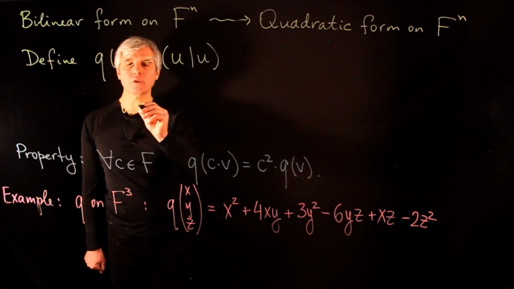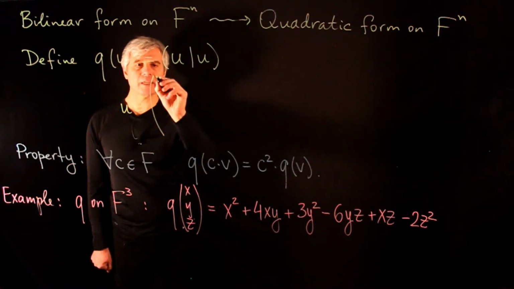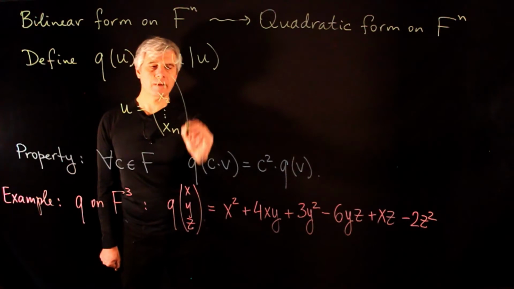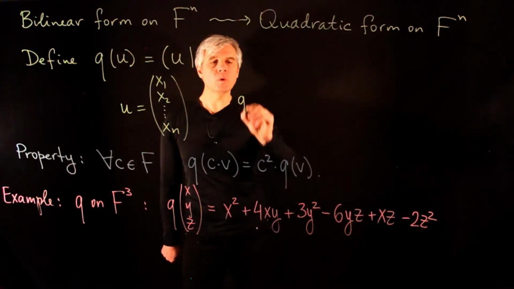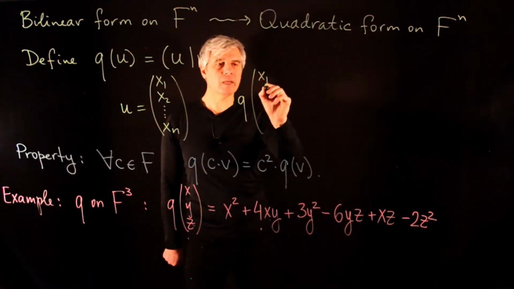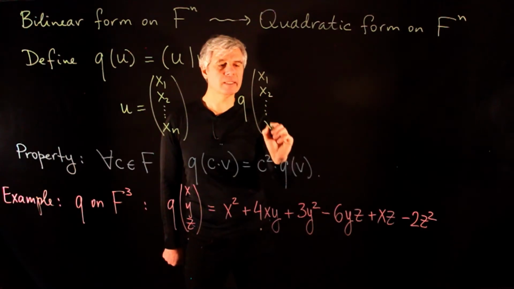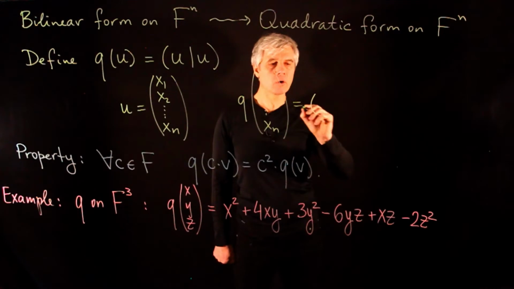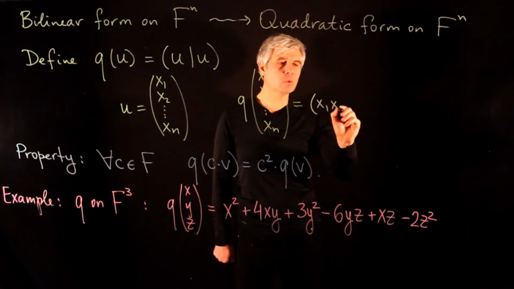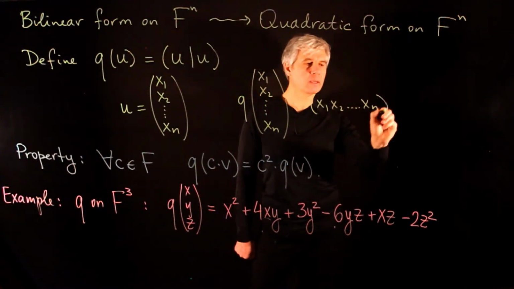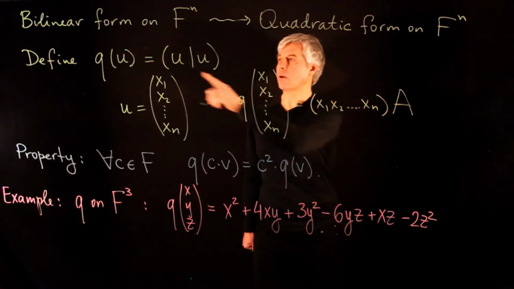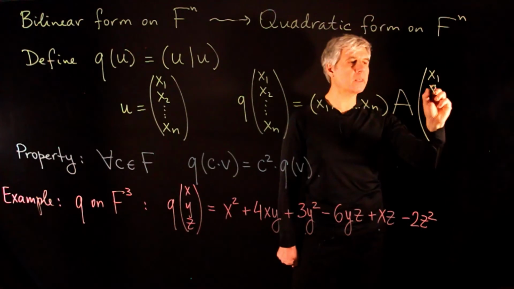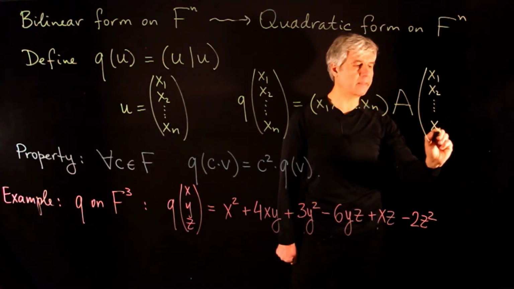And if we write u as a column vector (x1, x2, ..., xn), then Q of this vector will be given by the row (x1, x2, ..., xn) times matrix A of this bilinear form times the column (x1, x2, ..., xn).